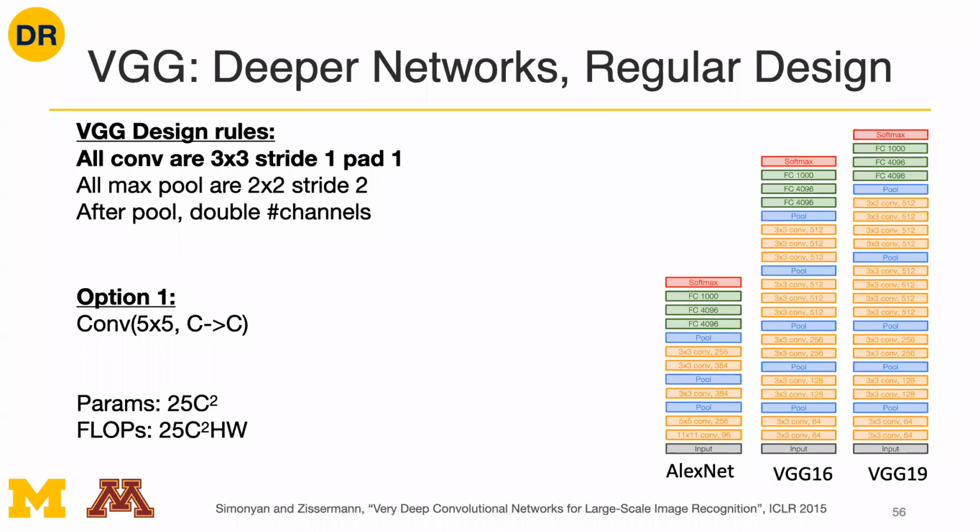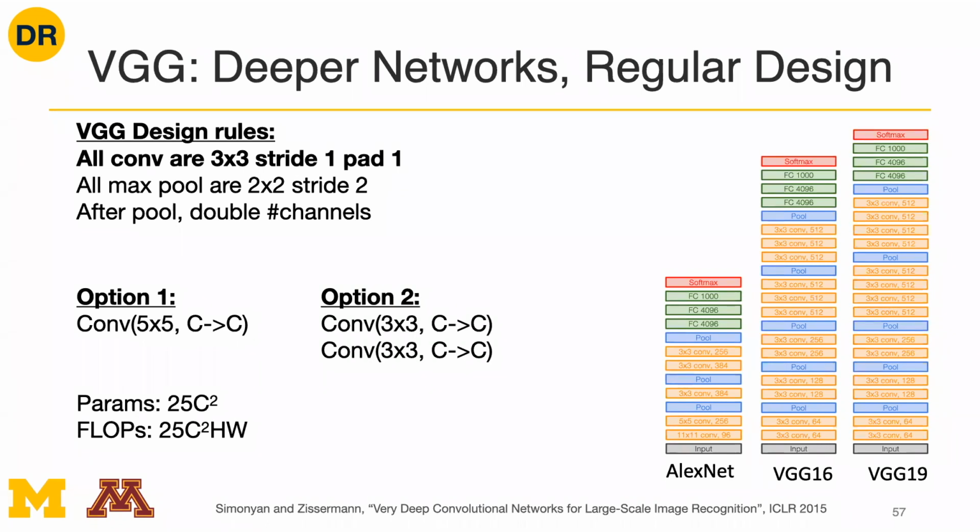The reason they say we can stick to 3x3 is that you can have two 3x3s, which would have the same receptive field as a single 5x5. If you imagine, adding another layer increases your receptive field by k minus 1. In the first option, there is only 1 layer, so the receptive field is 5x5.